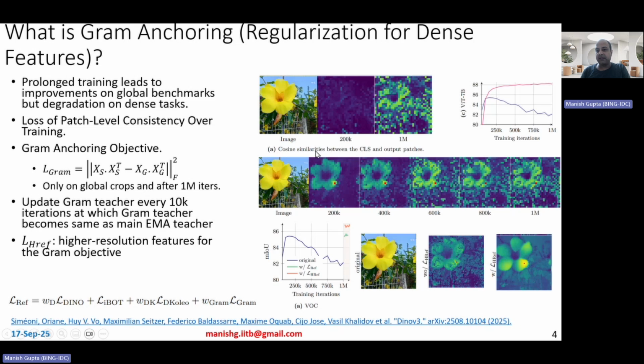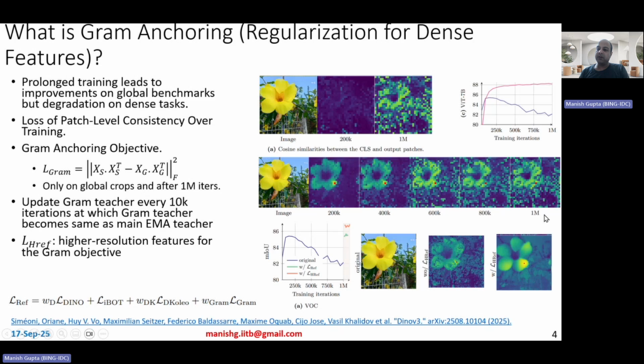In fact, here is another visualization to convey that. Here is an image, and after 200K iterations, if you compute the similarity of this red patch at the center with any other patch in the entire image, you see that the similarity is very high for the petals of the flower, and that makes sense because it is yellow in color, and it's a petal pixel as well.